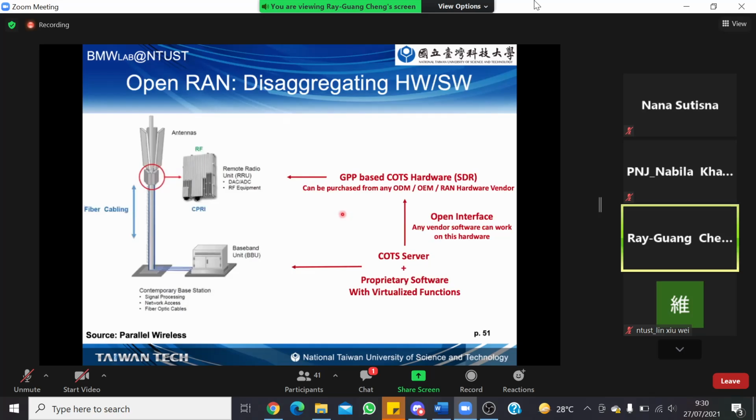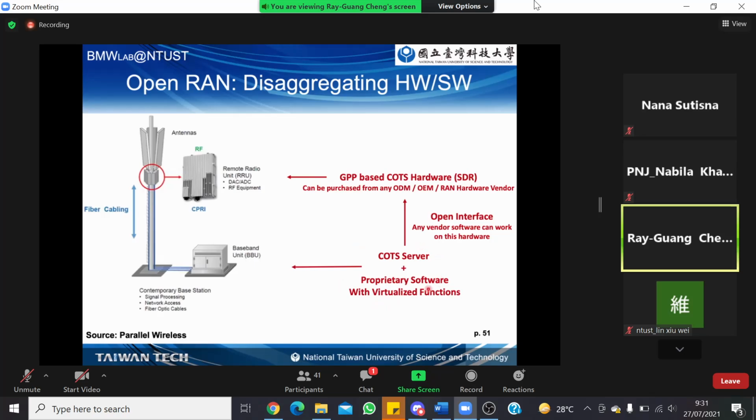As we mentioned, one of the important issues for ORAN is they want to have open interface. When they want to have an open interface, the hardware part, they can still try to use the general processor with commercial hardware to do this.